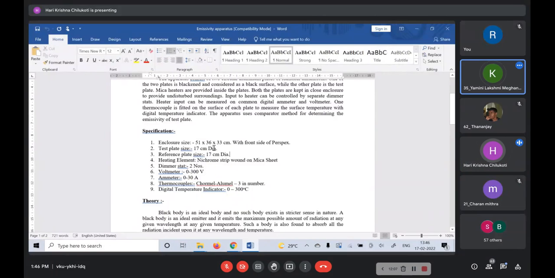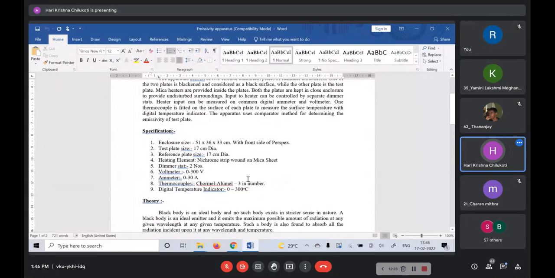Similarly, I already mentioned that the test surface dimensions are the same as the reference plate dimensions. So the diameter of the test plate is the same as the diameter of the reference plate.